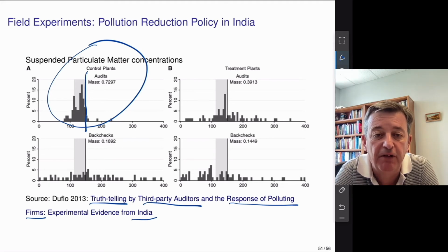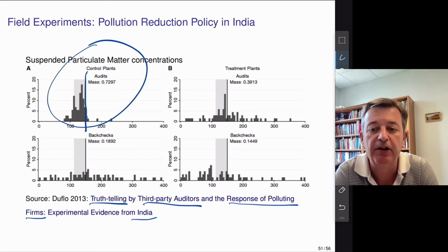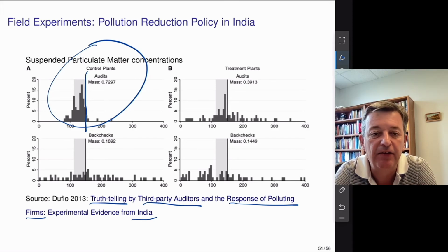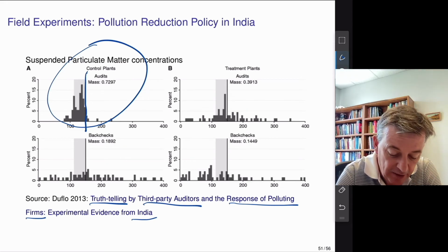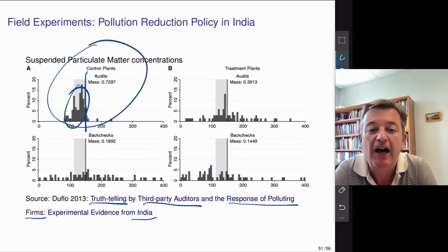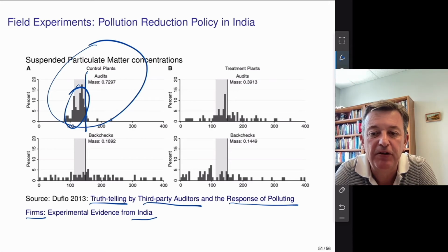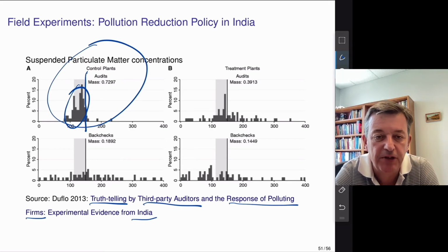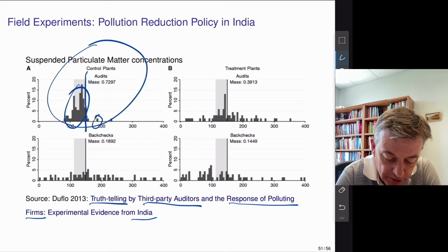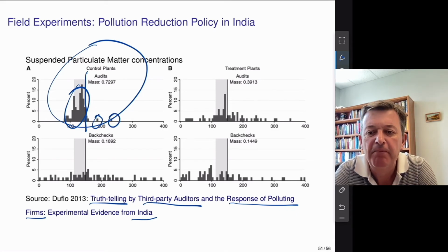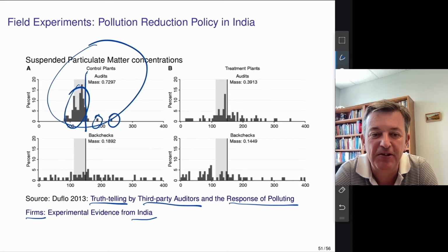There was no government involved, other than the government telling these firms they had to get a third-party auditor to figure out whether they were under that barrier or not. And of course, maybe not surprisingly, these third-party auditors were paid by the firms, and everybody was under, except maybe 2 auditors. So maybe the joke here is that there are like 2 honest, truth-telling third-party auditors. So that's the control group.